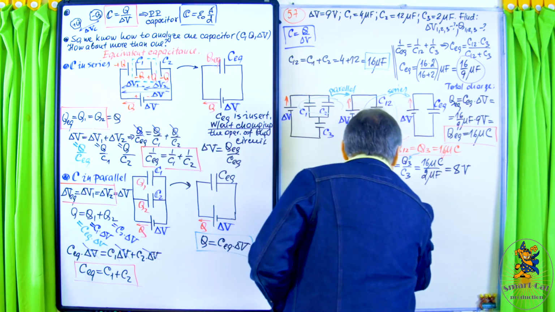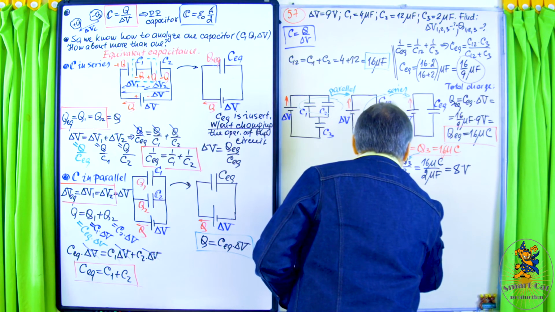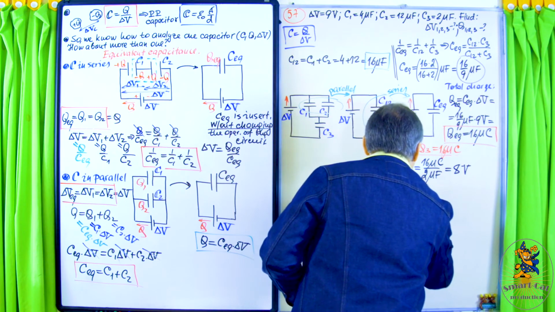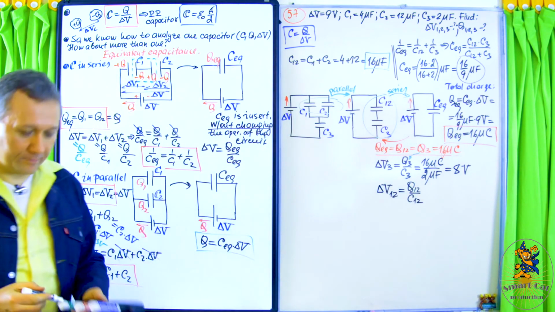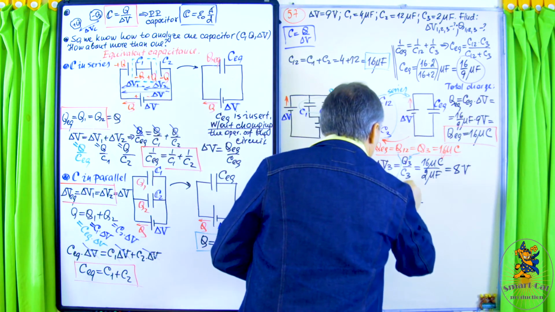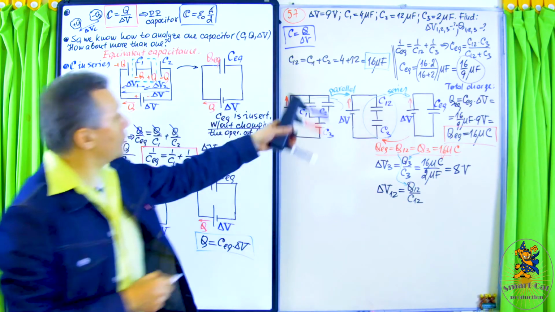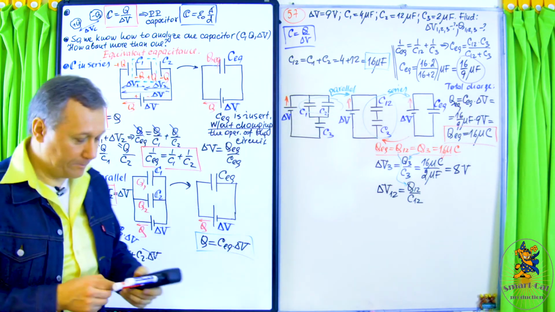Okay, so now I can write in exactly the same way. So delta V12 equals Q12 divided by C12. Again, Q12 will come from the bridge. All right. C12, that's why I framed it, so it will be easier for me to find. Right.